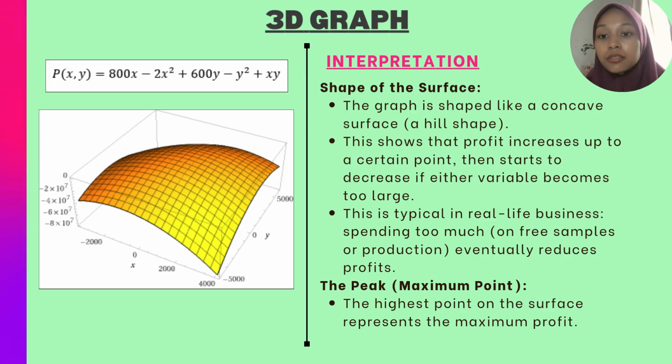This is typical in real-life business: if you spend too much on free samples or on producing a product, eventually it will reduce the profit. We can see there is a highest point on the surface, which shows the maximum profit.